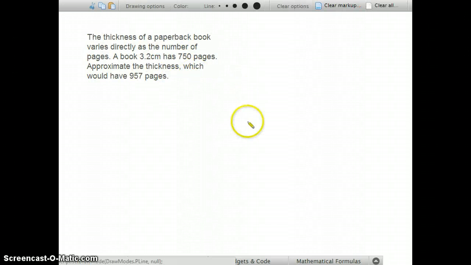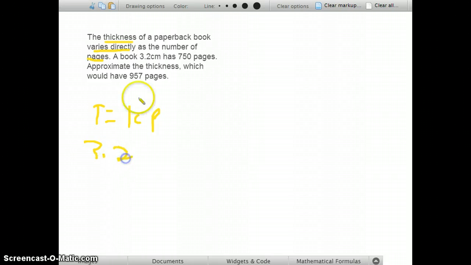So for this, the first thing that we're going to do is translate this into an equation. The thickness of the paperback book varies directly as the number of pages. So I can just use the pages: T equals kP. Plugging in, 3.2 cm is the thickness, equals k, because I don't know the constant of the variation yet, times 750 pages.